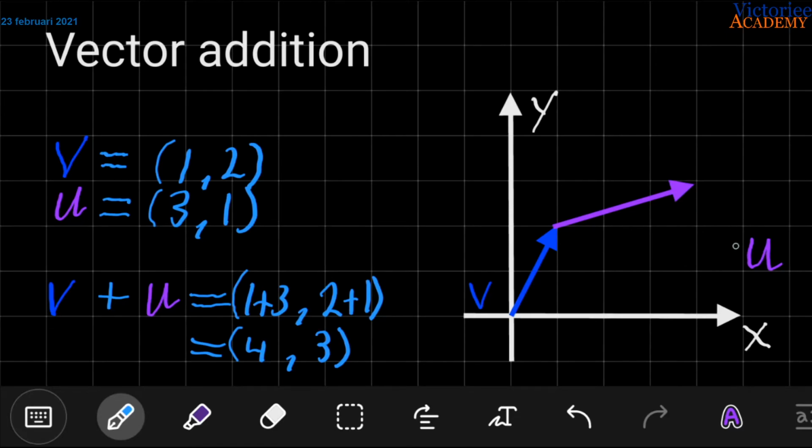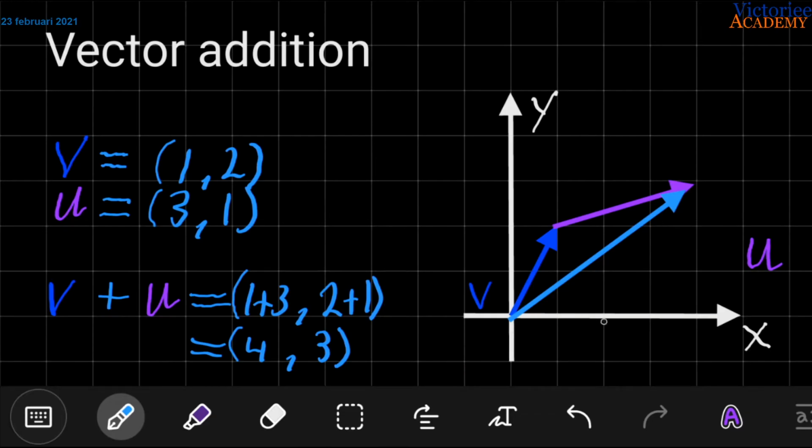So we're going to move u here to the point of v. Then we get the resulting vector here. Look at this. This means that we get the result vector here. And you can see that this is the same thing that we got from this.